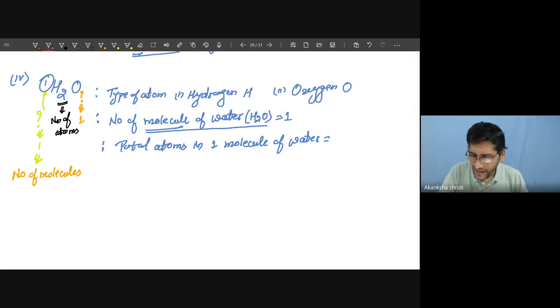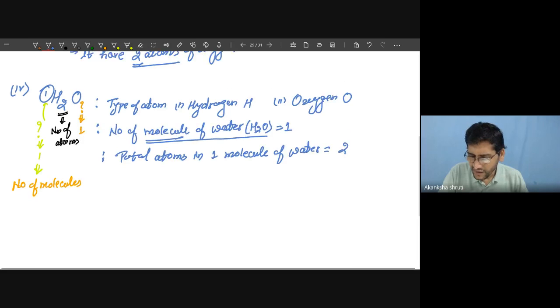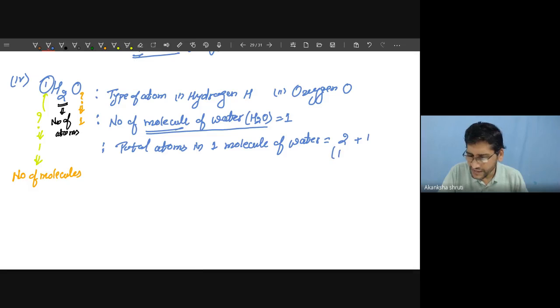We are getting hydrogen as 2 and oxygen as 1. It means 2 is of the hydrogen atom, 1 is of the oxygen atom. So it is a total of 3 atoms. This gives its atomicity.